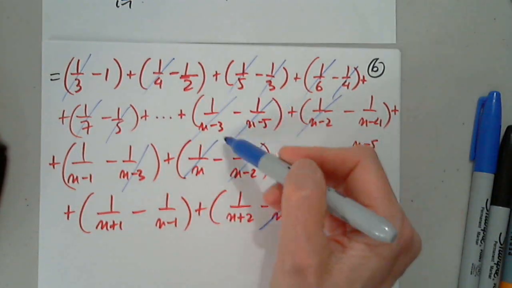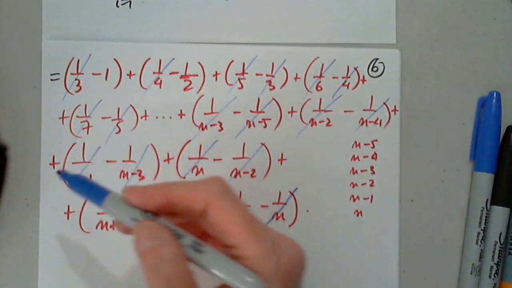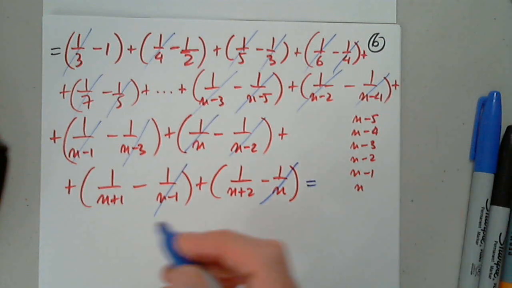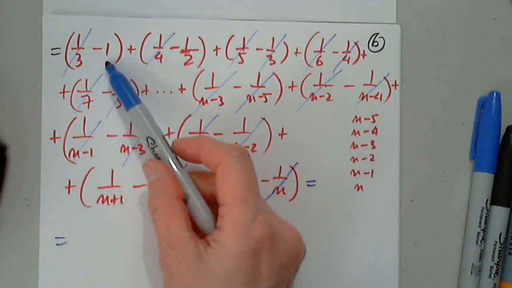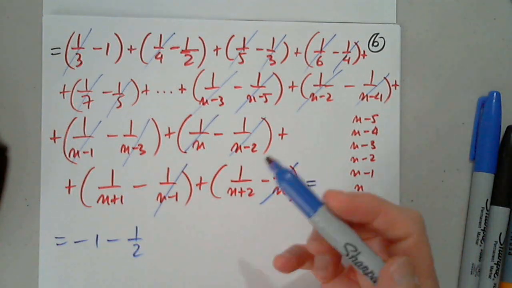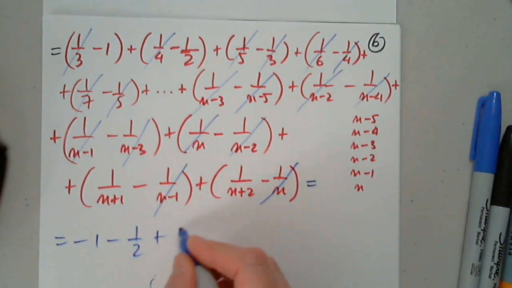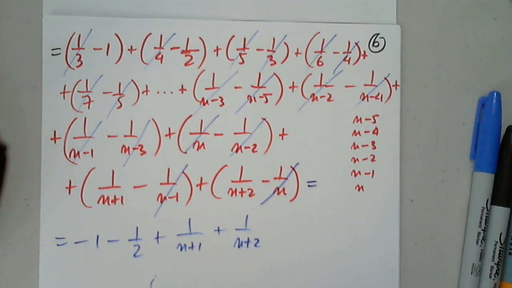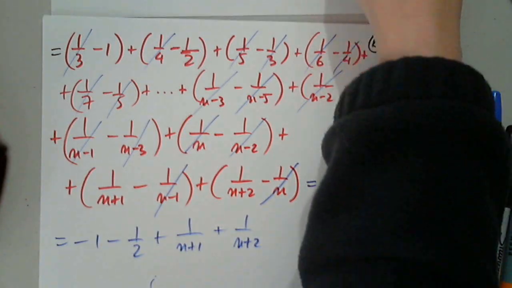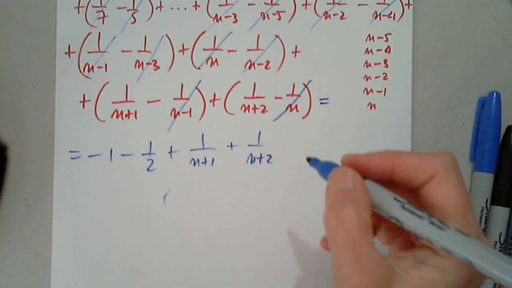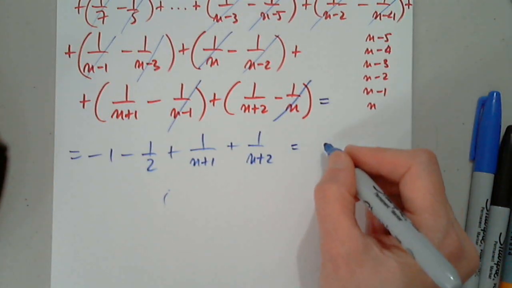Yes, these are going away with previous terms. And what is left? A negative 1 is left. A negative 1/2 is left. And a 1 over n plus 1 and 1 over n plus 2. Now this is our a sub n.